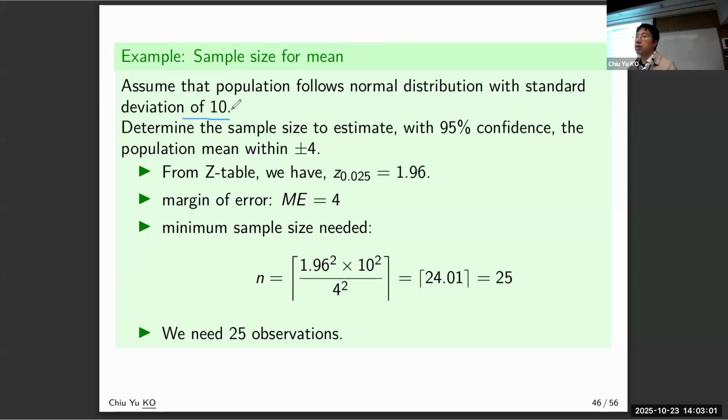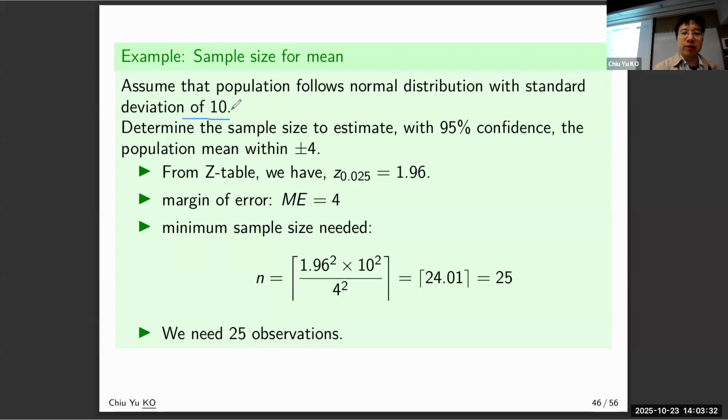Like IQ, maybe you're looking at the regular population, it should be from 70 to 130. That is 6 SD. The range divided by 6 will be a good guess for the standard deviation here. So now suppose you know 10, or you just use the way I described to estimate it.